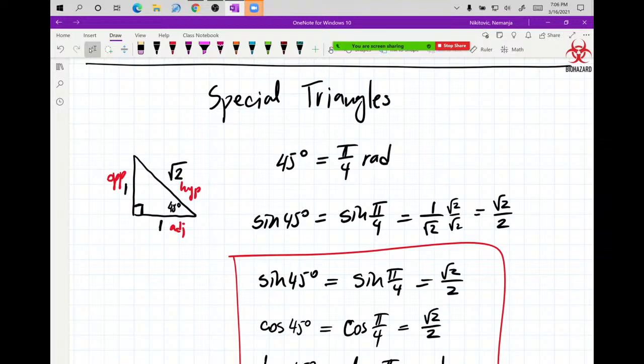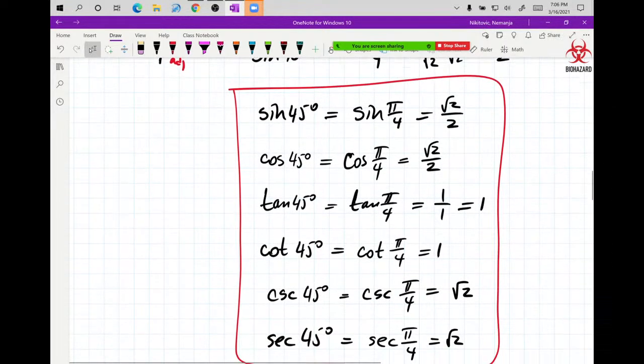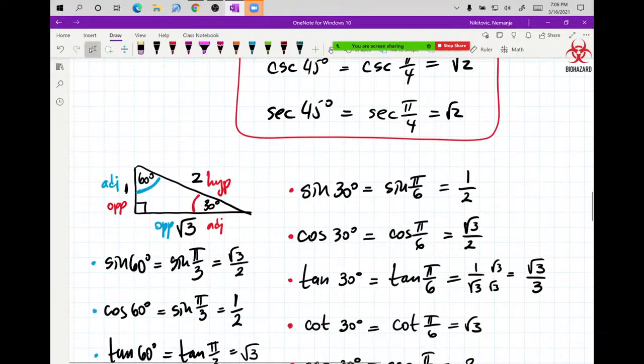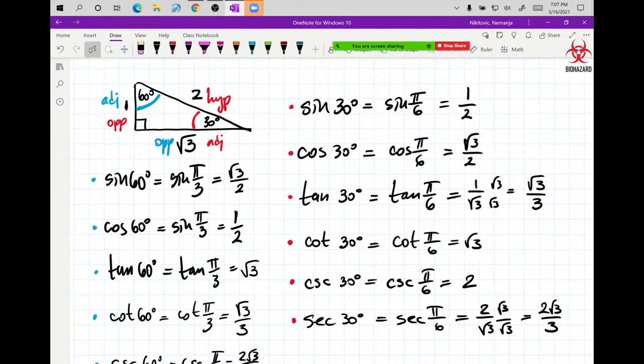Now, the special triangles gave us these cool values, which we are going to now see again from a different perspective in what we call the unit circle. So now we're going to take a break, and then when we come back, we're going to do the unit circle for the same values and talk about angles and all of these trigonometric values from a different perspective.